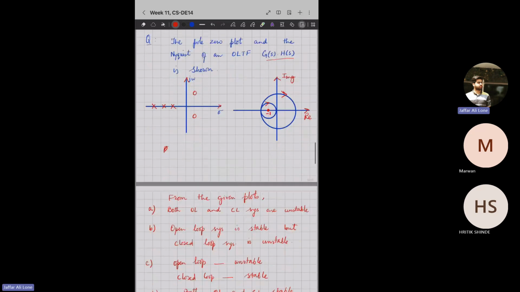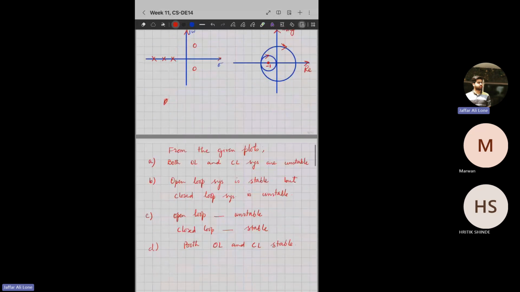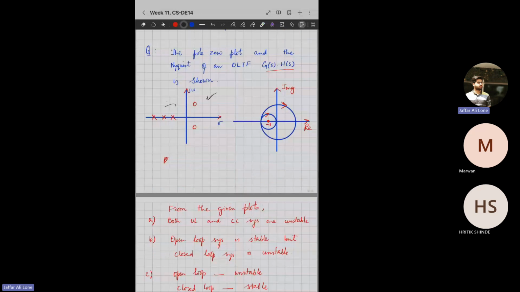So you are given a pole zero plot of an open loop transfer function and the corresponding Nyquist plot. From these two plots, you have to infer the stability of your open loop as well as the closed loop transfer function. This is a very interesting question. Now see. Solution. If you can see the pole zero plot, all the poles are in the left half plane.